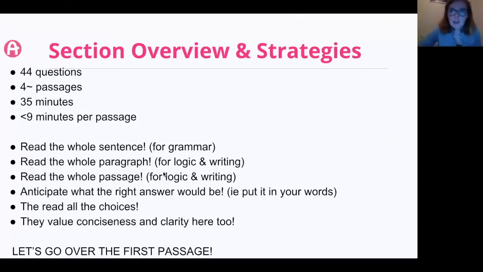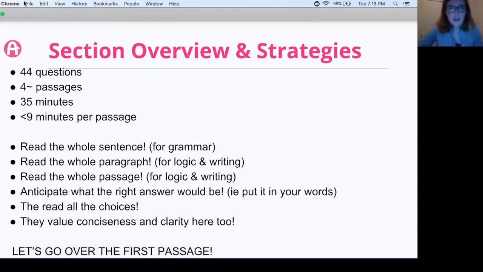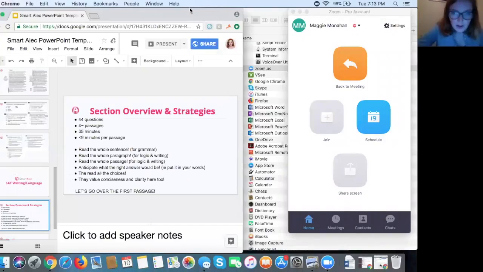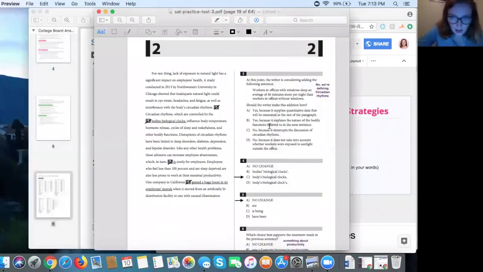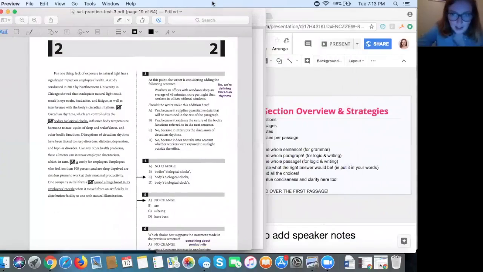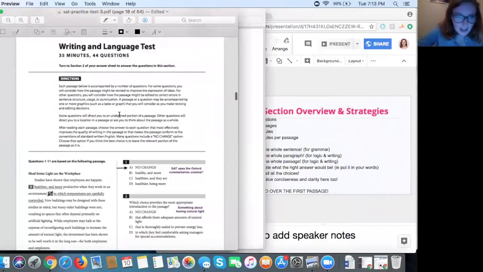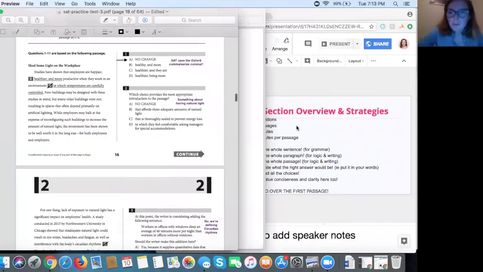Awesome. Let's go over the first passage. What fun. I'm going to try and figure out how to do this on my computer. Here we go. I tried to make little drawings and notes of what I was thinking as we were going through.